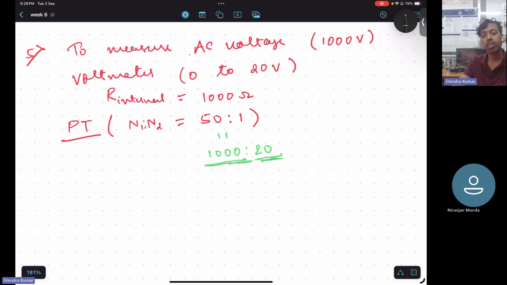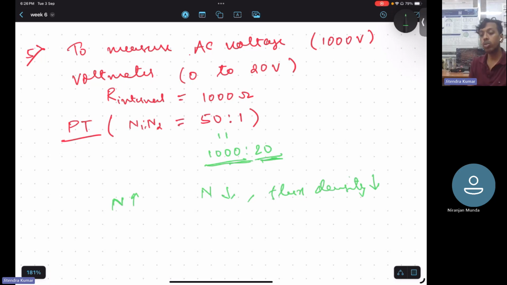But what will happen if you increase the number of turns N? If you increase N, then your inductance will increase. Then the magnetic flux in the core will change. The magnetic core will be more saturated. Or if you reduce the number of turns, your flux density will also reduce.